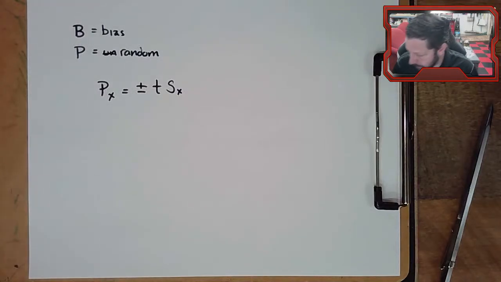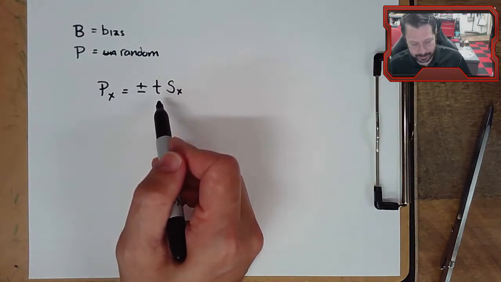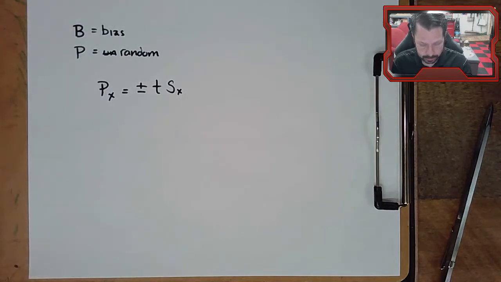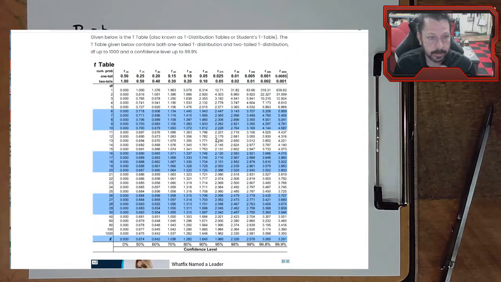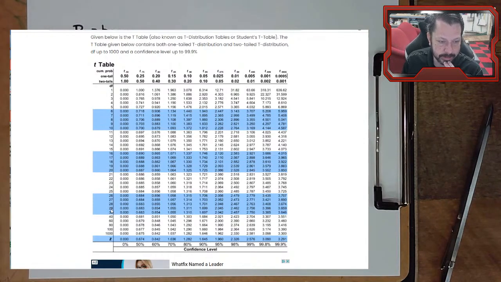If you calculate the standard deviation from a large sample, so greater than 30 is what we set as our cutoff, some people will say greater than 40 or whatever, but if we look at our t-table, a lot of times, once you get to 30, you'll see that these numbers continue to change, but they start to slow down their rate of change, I suppose we could say.